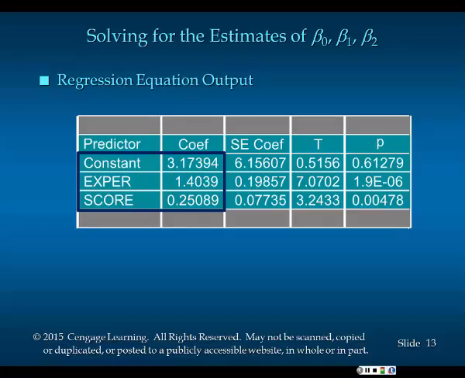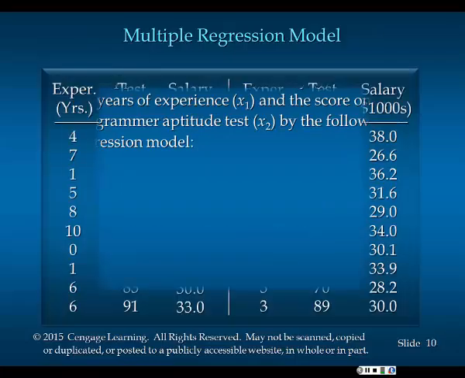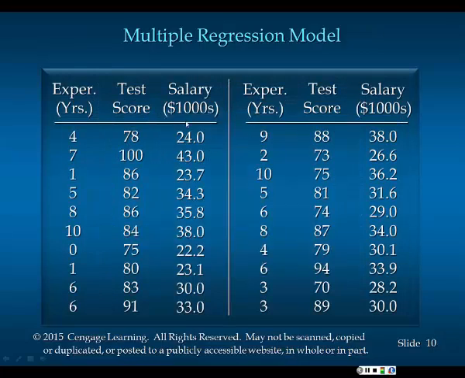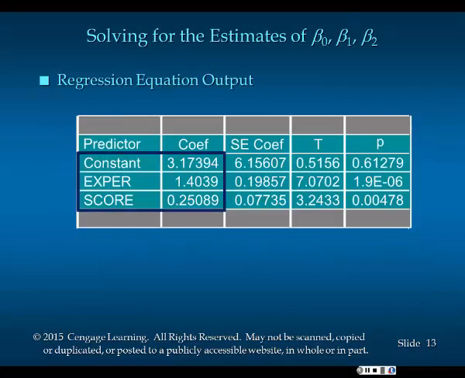Now, how do we interpret these? All right, now they're just numbers. How do we interpret them? To figure that out, you have to go back to your data set. Your data set has salaries in thousands, all right? Your years of experience are in years, and your test scores are in points. When we go back to this interpretation, we're saying when you gain 1 year of experience, your wage goes up by 1.4. 1.4 what? $1,000.